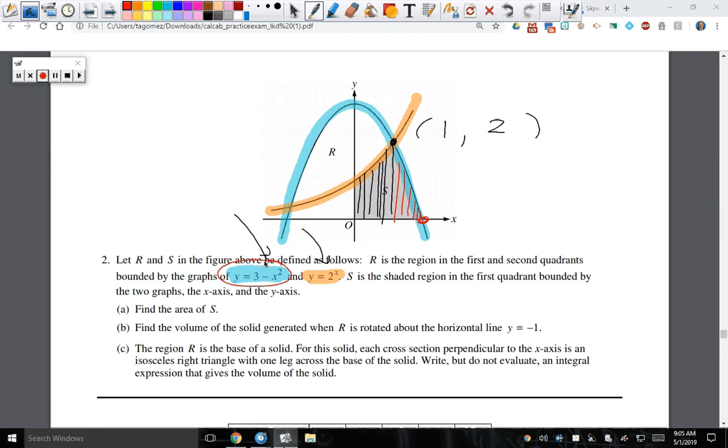Root 3. So this is going to be at root 3, 0. That's this point. And then you just have at x is equal to 0. So you're going to set 2 integrals. Here we go. From 0 to 1, and then we're going to add it with the integral that's what? From 1 to root 3. So let me do it like this, not to confuse you.